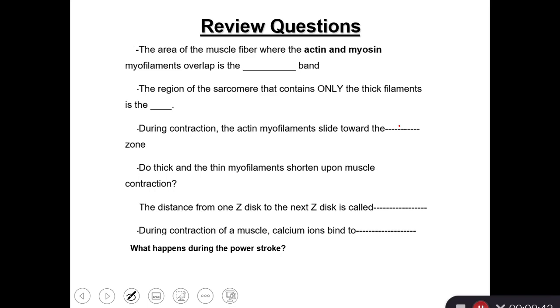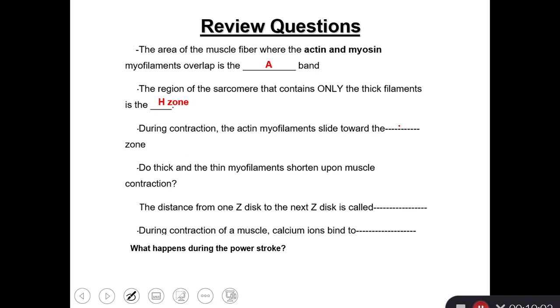The area of the muscle fiber where actin and myosin myofilaments overlap, we call that the A band. What is the region of the sarcomere that contains only thick filaments, myosin? It is the H zone.